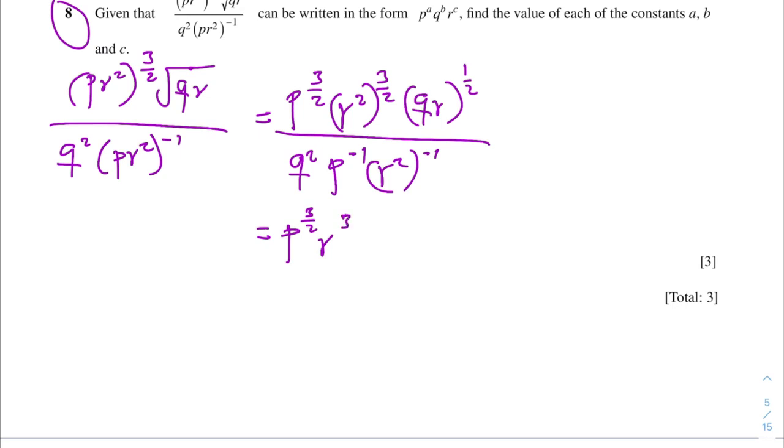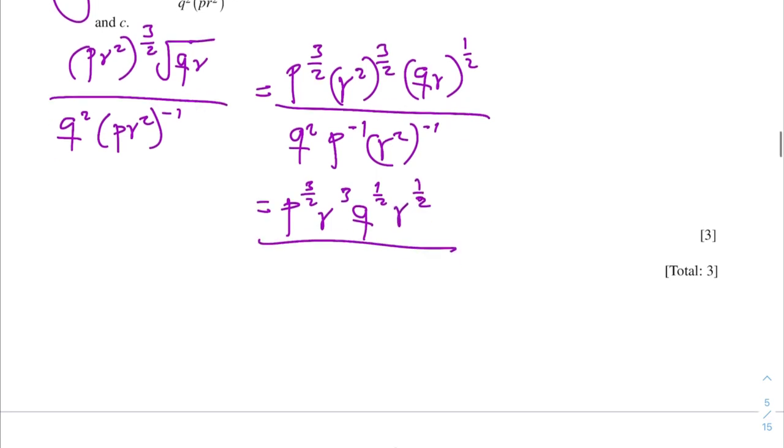And then for this particular one, this half affects both the Q and the R. So we get Q to the power half, R to the power half. Now let's come to the denominator. We have Q to the power 2, and then we have P to the power -1. Now on the R, this multiplies that, giving us -2.